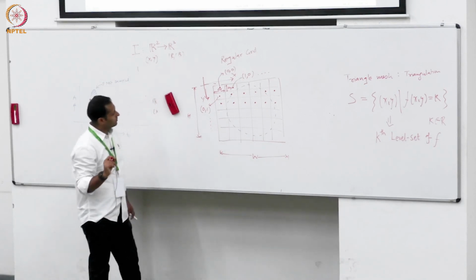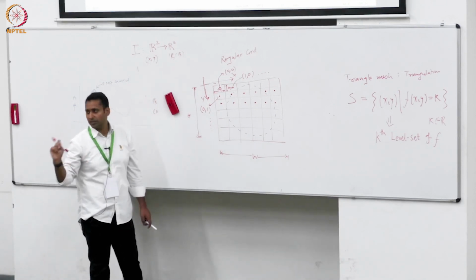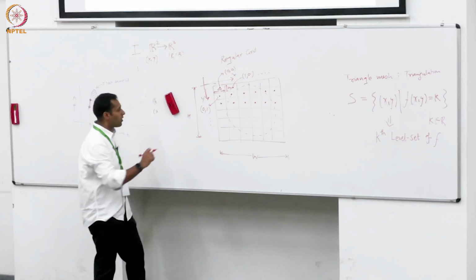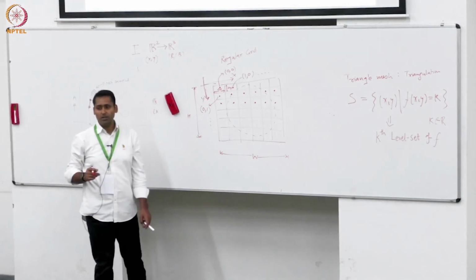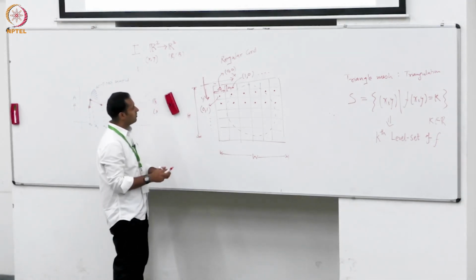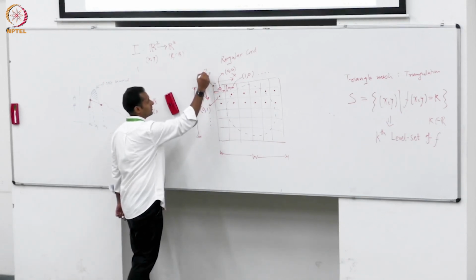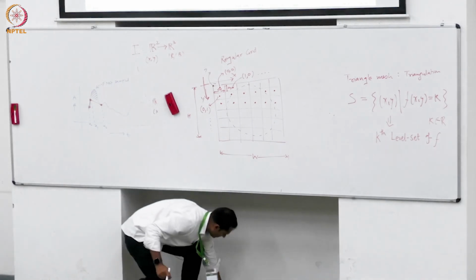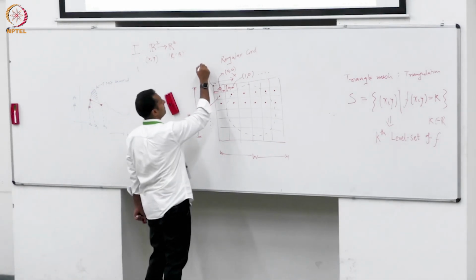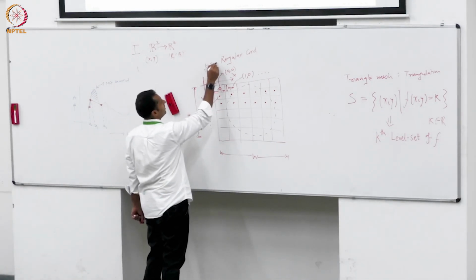Now you might wonder, the centers of the pixels are integer coordinates. How about the corner of the pixel? Who can tell me the coordinate of this guy? Come on, fast. Minus 0.5 comma minus 0.5.